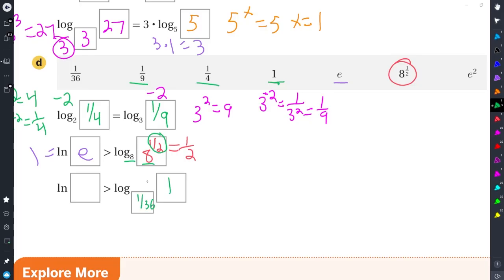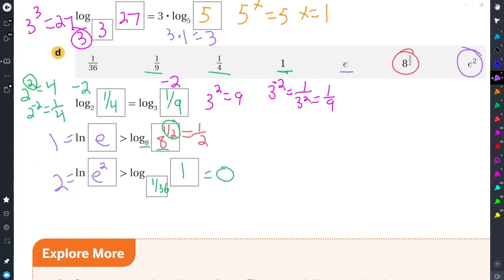It doesn't matter what the base is. This is going to be 0. And then if I put e to the second power right here, this is going to equal 2. You could verify all of these with a calculator too, but we're trying to get into the groove of thinking our way and estimating these logs based on powers that we know.